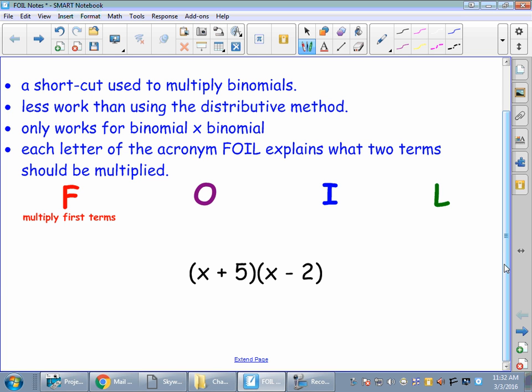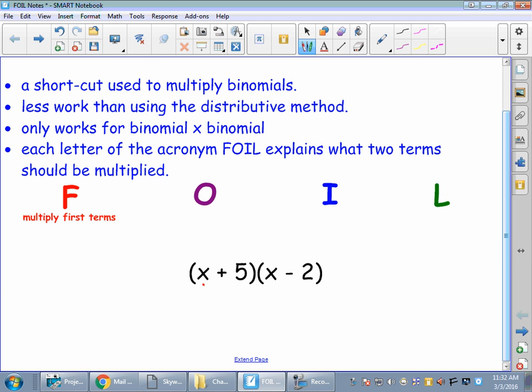Sorry about that. So remember in multiplication that every term in one quantity, the x and the 5 in this first quantity, needs to get multiplied by every term in the second quantity, the x minus 2. So FOIL, the first terms get multiplied. What that means when it says the first terms, we're talking about the term that comes first in each of these quantities.